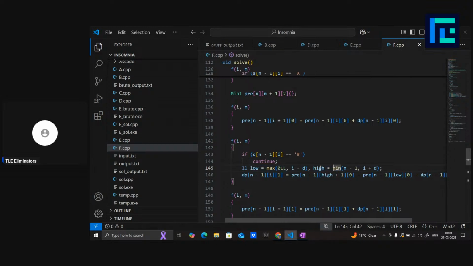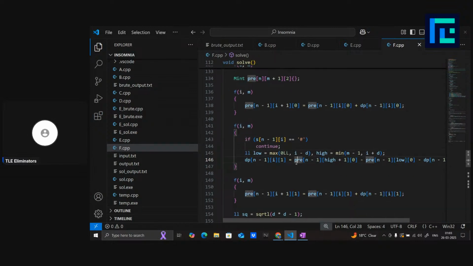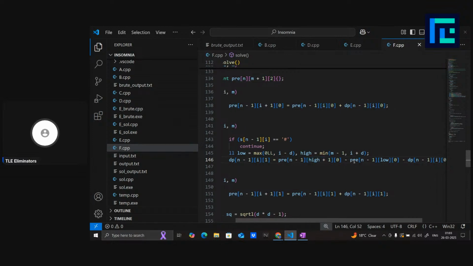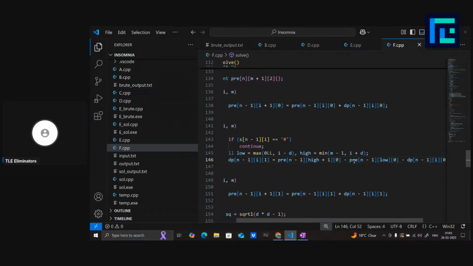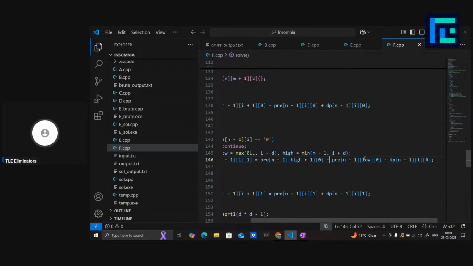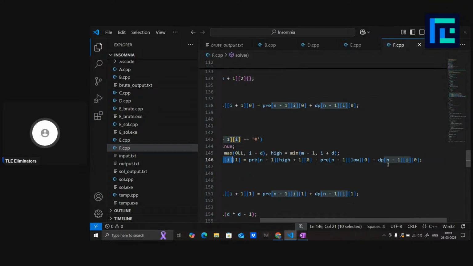To calculate that sum, you use a prefix sum: pref of n minus 1 comma high plus 1 comma 0 minus pref of n minus 1 comma low comma 0. And also you cannot come from the same cell, like to n minus 1 comma i you cannot come from n minus 1 comma i, so you subtract dp of n minus 1 comma i comma 0.